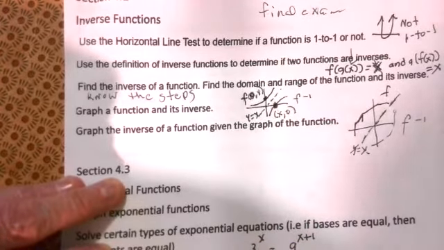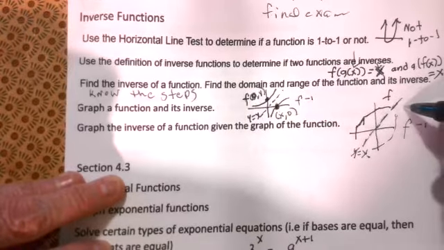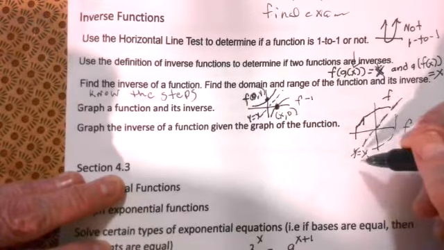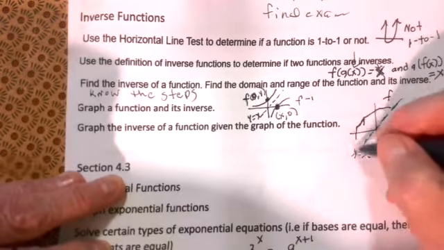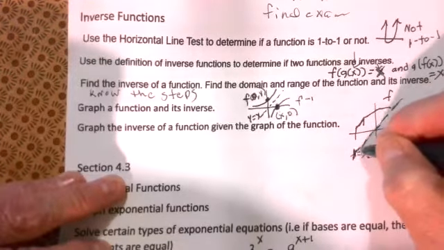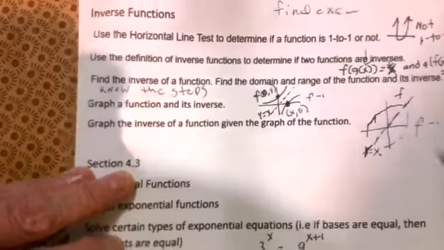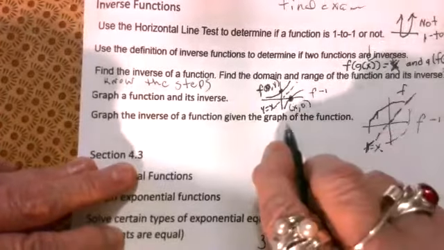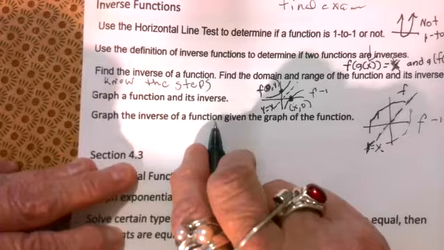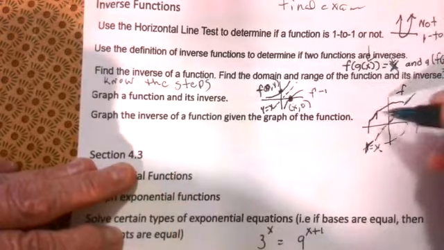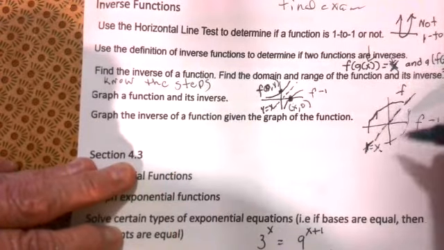And also their domain and ranges are interchanged. So this is just another example of how they're reflected across the line y equal x. So graph the inverse of a function given the graph of the function. That would be like if I gave you this and you had to graph this.